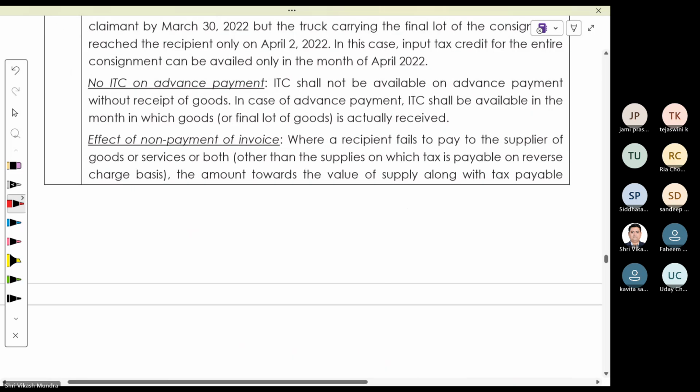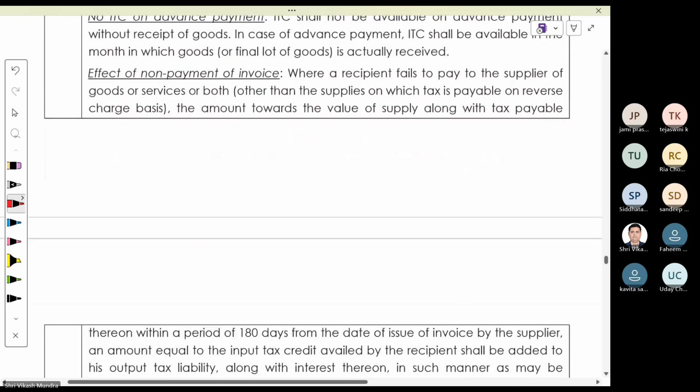Suppose Sandeep appears in an exam, CMA final exam. He got a mark sheet.